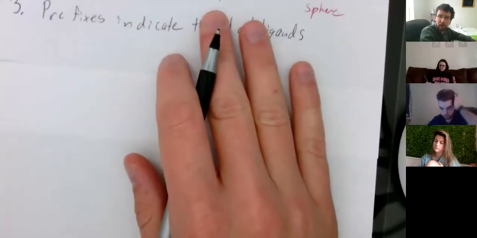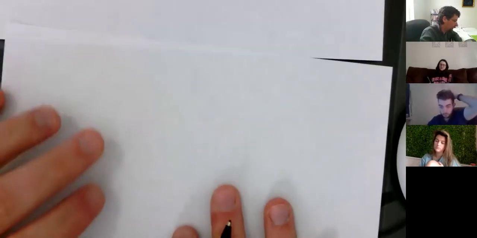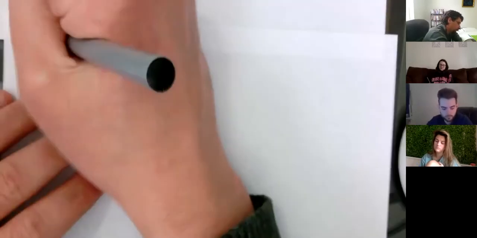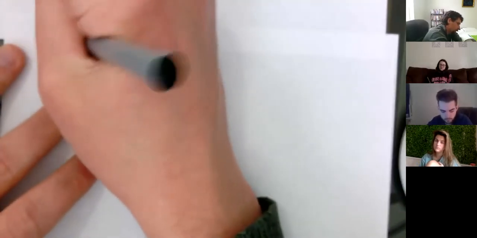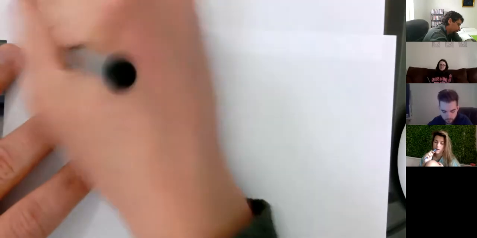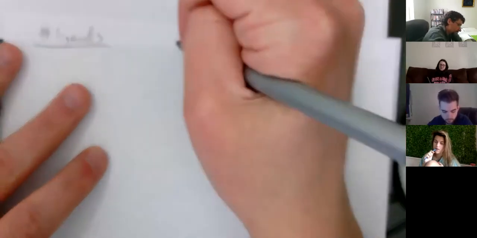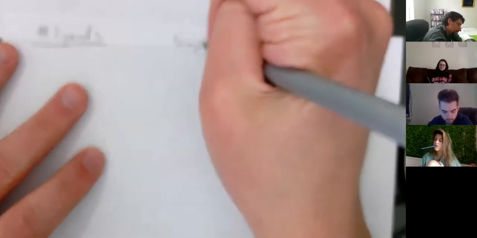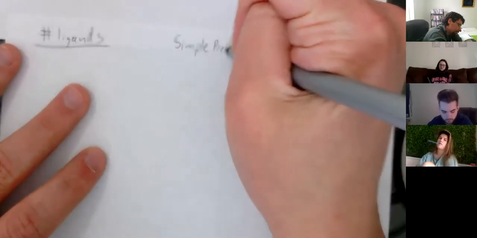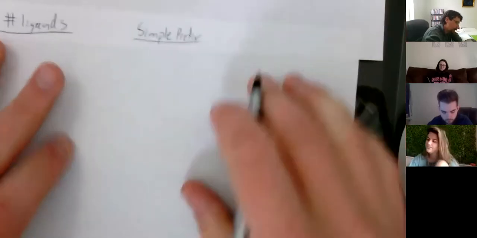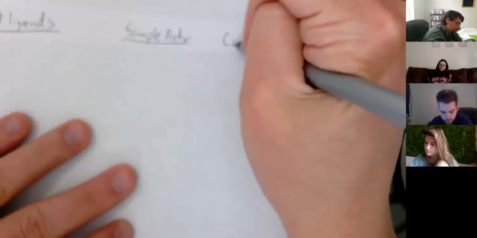So what I'm going to do, I'm going to move this up. We're going to make a table. We're going to have number of ligands, simple prefix, and complicated prefix.